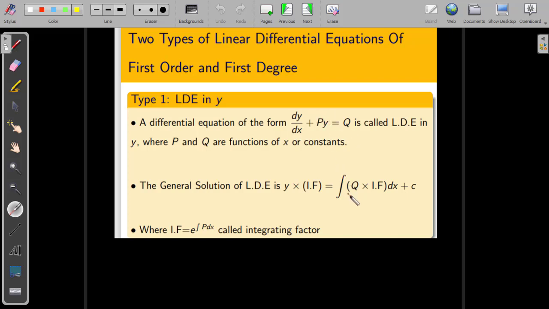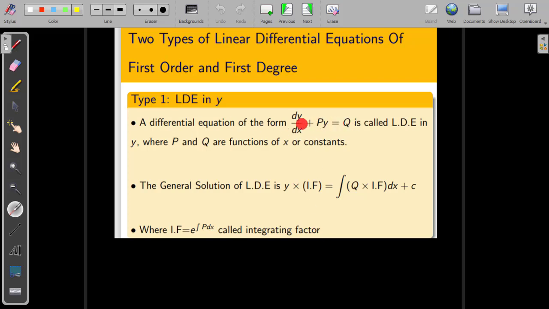While finding this general solution, we require I.F., which means integrating factor. Without the integrating factor, you won't get the general solution. The formula for integrating factor is e to the power of integration p dx. This is called the integrating factor.